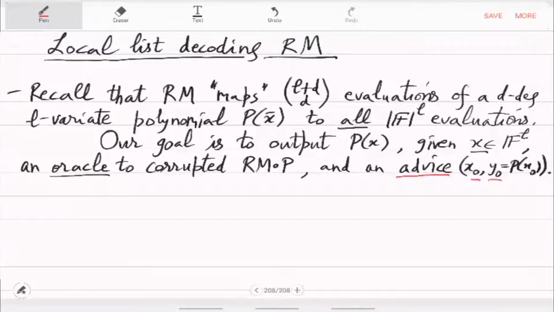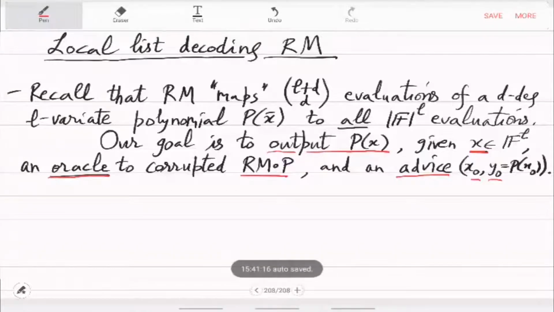So you are given a point in space, and you are given an oracle to RM of P, and you are given an advice string which is basically the evaluation of the unknown P. Now there may be many P's. What this advice will do is specify P uniquely. That's why you need this advice. And with all this, you want to output P of x.